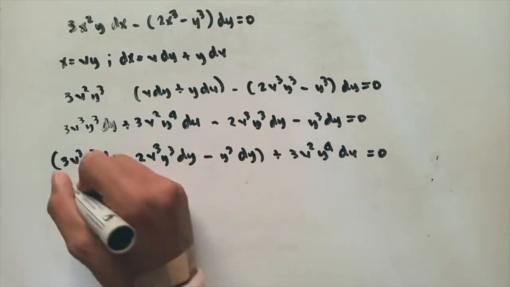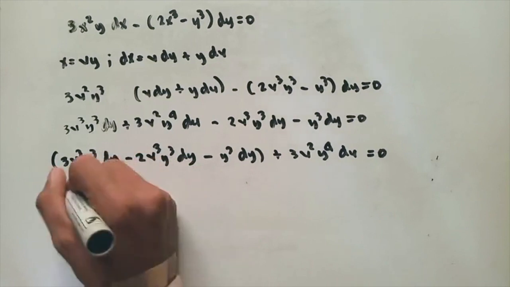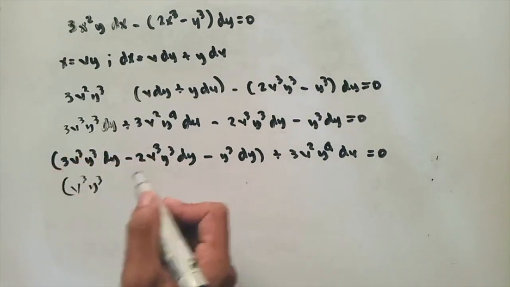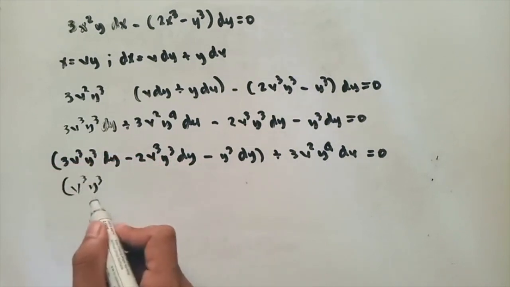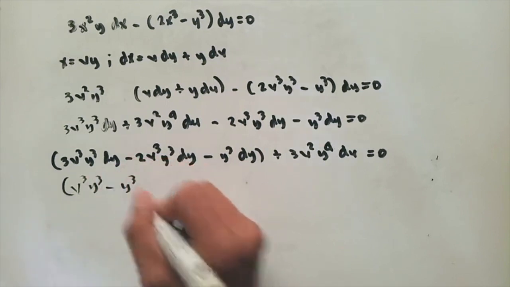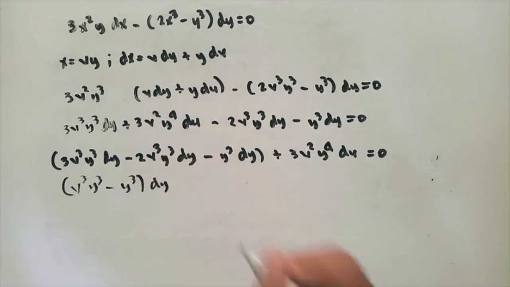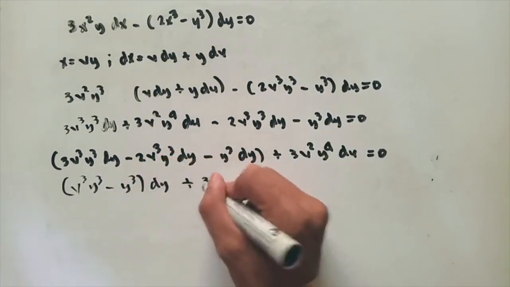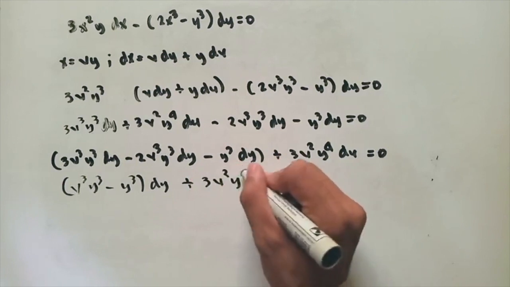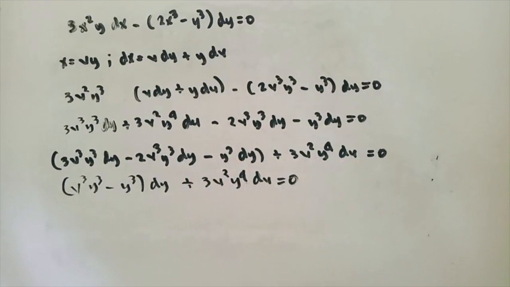So this will become v cubed y cubed, since 3 minus 2 is 1. So this will become v cubed y cubed only. Then minus y cubed dy plus 3v squared y raised to the 4th dv equal to 0. So this is quite long.